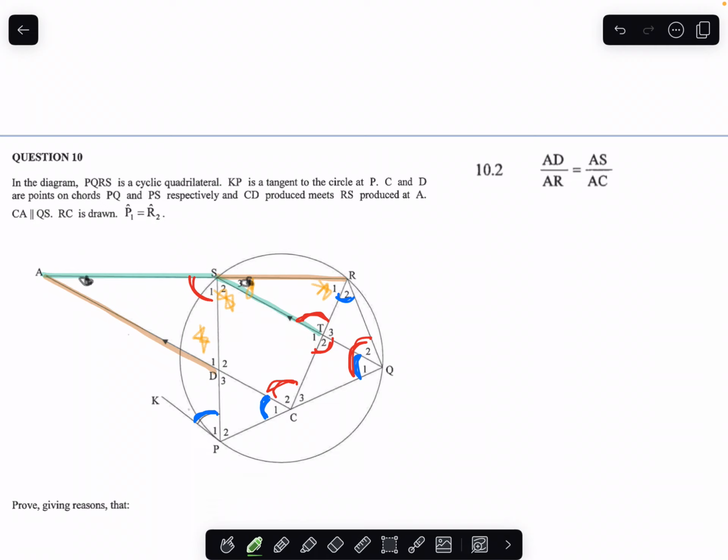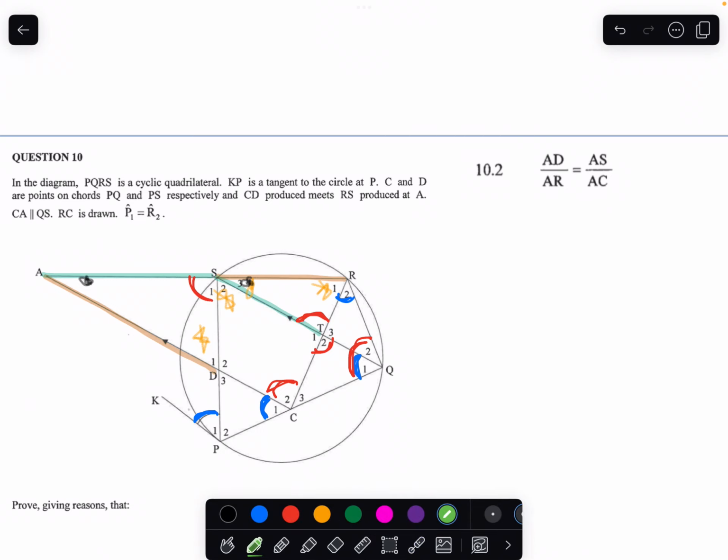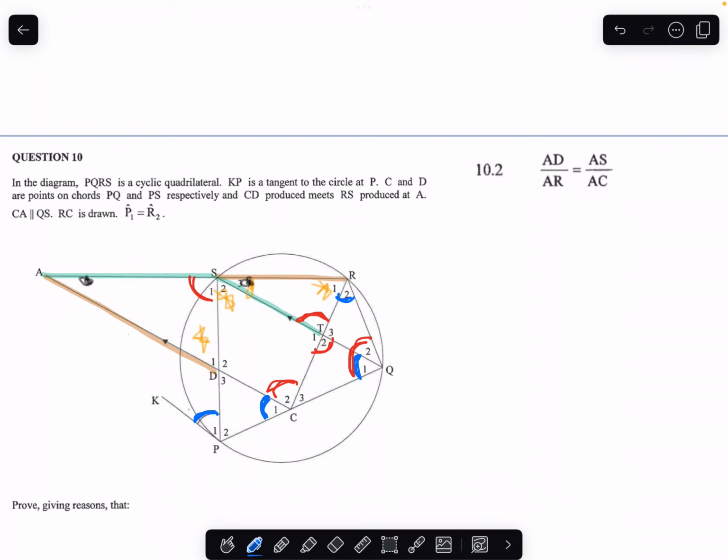Okay, so first of all, we want to show that these two triangles are similar, so that's pretty standard. In triangle RST and triangle RAC, we have R is common.